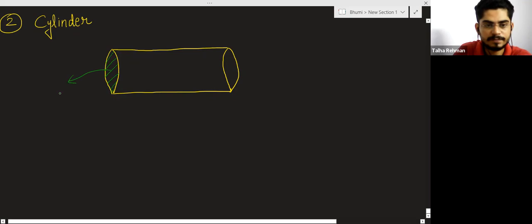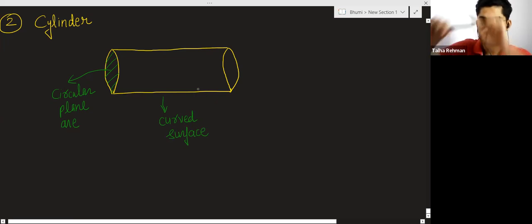This is a circular plane area, but this surface is a curved surface, all of it.